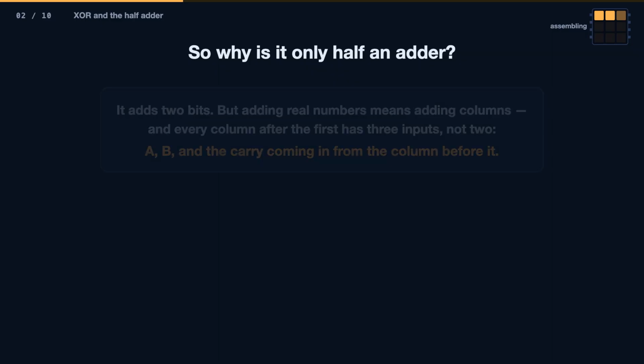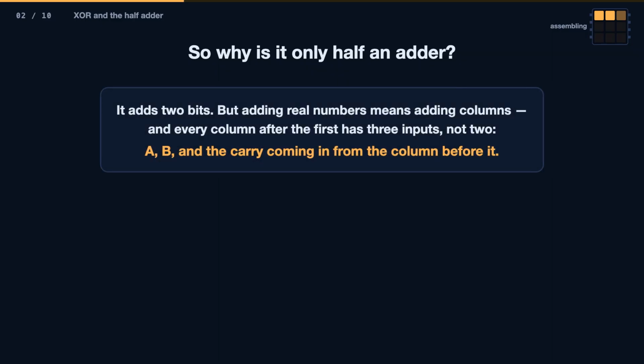So why is it only half an adder? Because it adds 2 bits, and real numbers are added in columns. Every column after the first has 3 inputs, A, B, and the carry coming in from the column before it. Our half adder has nowhere to put that.